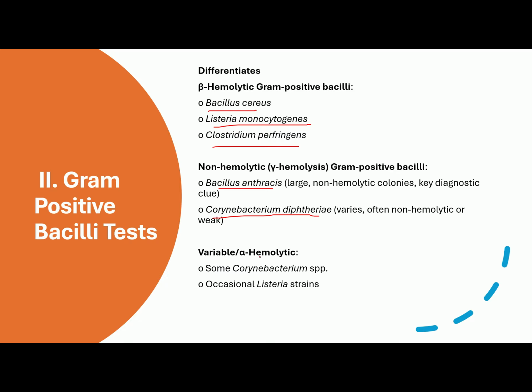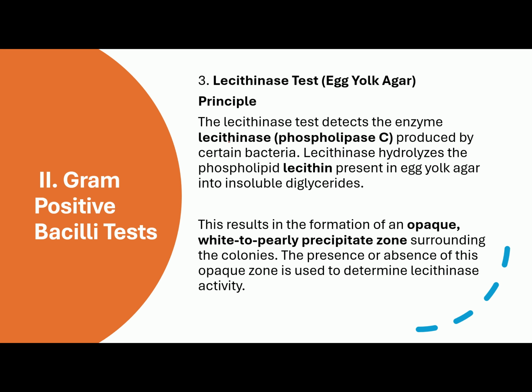If it's variable or alpha hemolytic, some Corynebacterium species and occasional Listeria strains. Another test is the lecithinase test, which uses an egg yolk agar. This test detects the enzyme lecithinase, also known as phospholipase C, produced by certain bacteria.